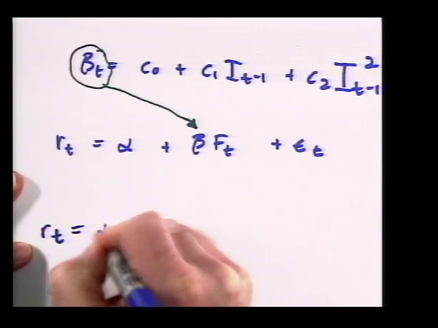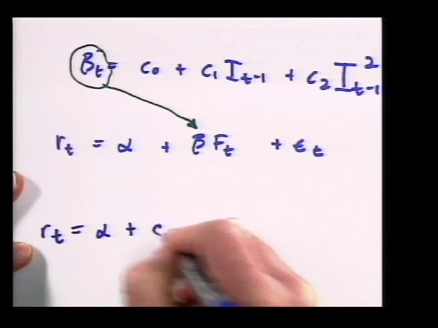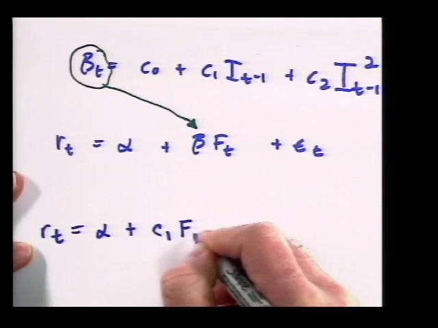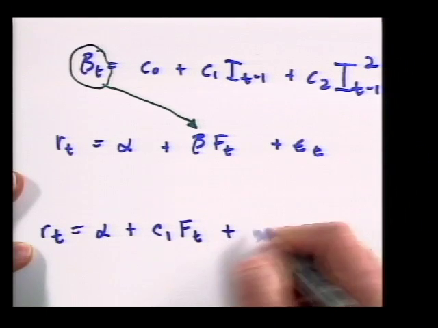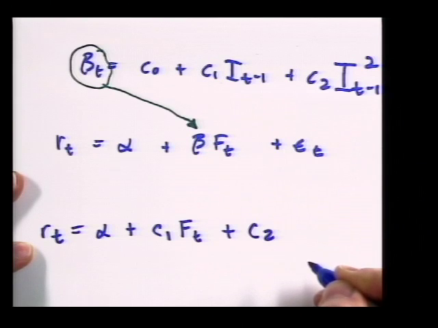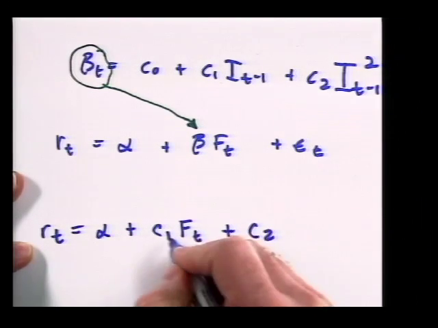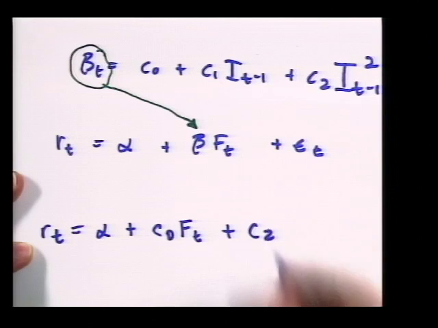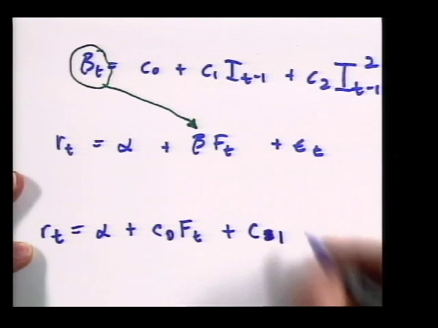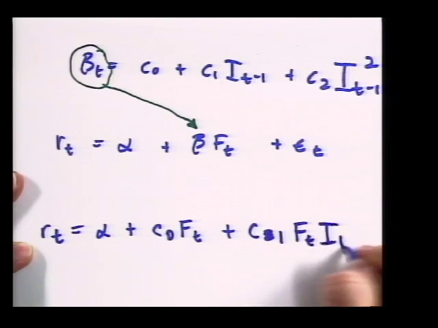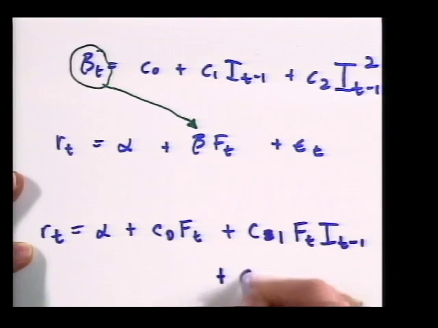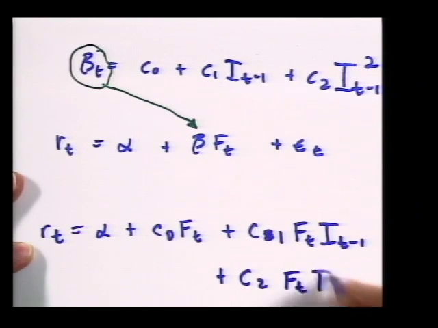R_t equals alpha plus C0 f_t, do I have that right? C0. Okay. Plus C1 times f_t times I_{t-1} plus C2 times f_t times I_{t-1} squared.